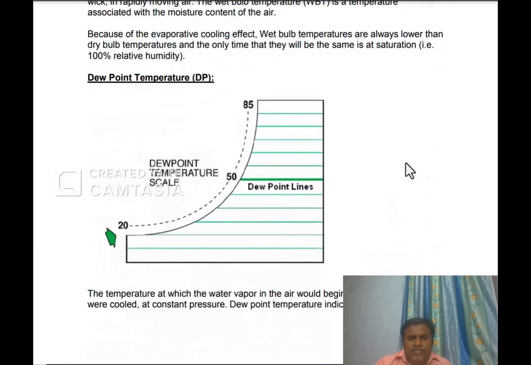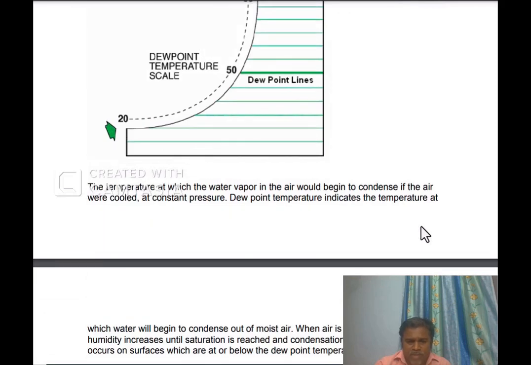Coming to the other one, that is the dew point temperature. Suppose you take some quantity of air and cool it at constant pressure. Then the water present inside the air sample starts condensing.